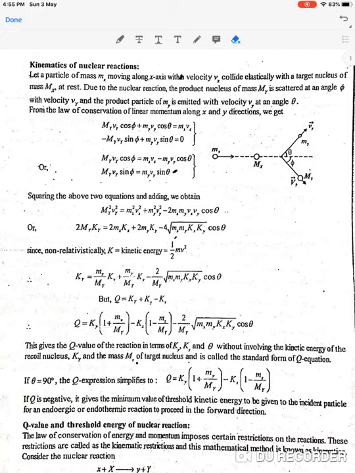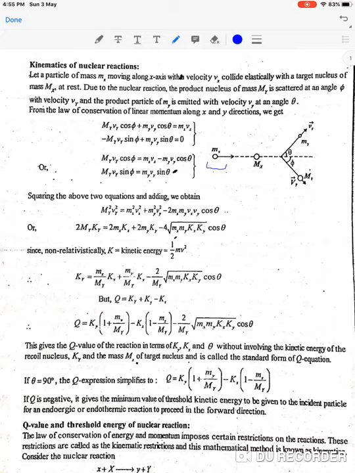Here, for instance, we have a projectile of small mass m_x projecting on a parent nucleus having mass m.